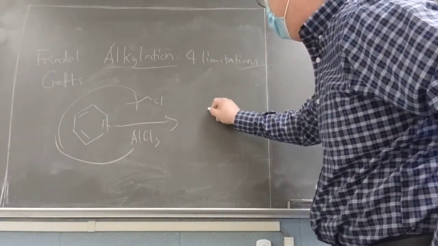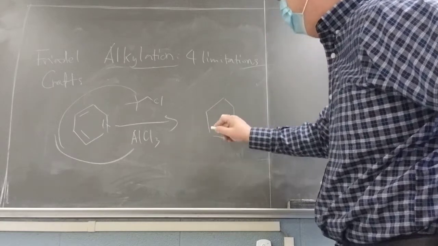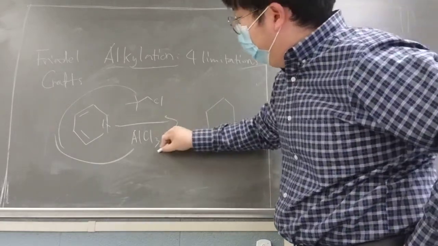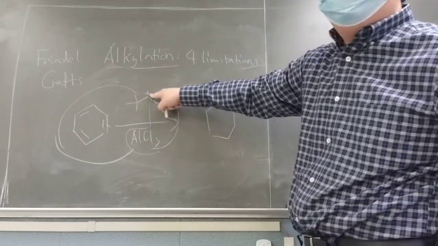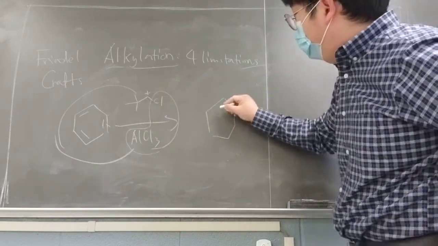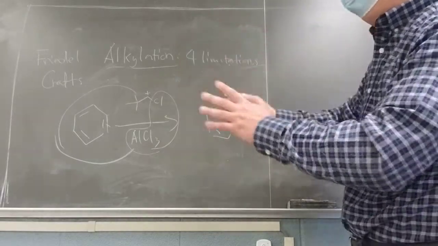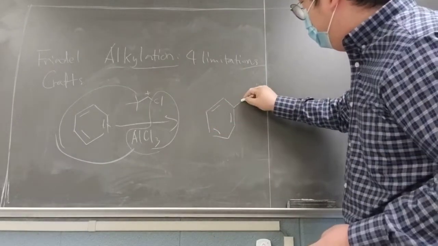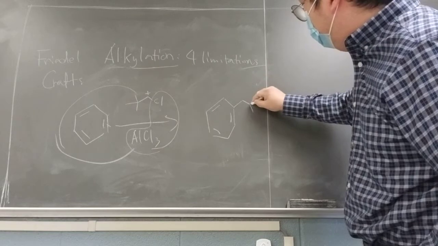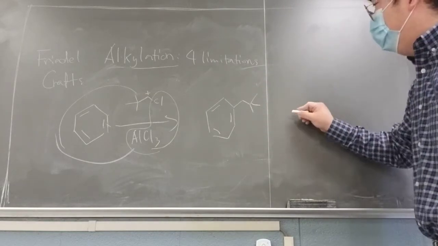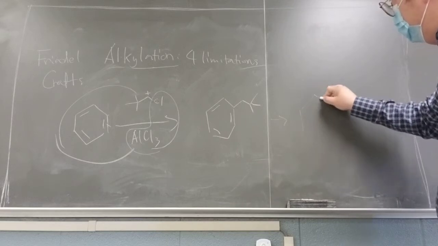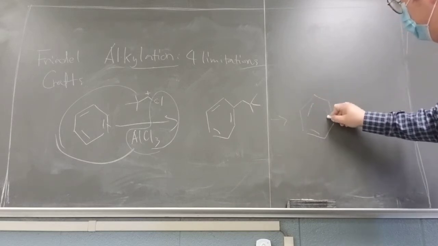What happens to this one? Technically, if you think about it, this will be taken by here, then your carbocation position will be here, right? This is what it should look like, right? But what it actually looks like is this one.